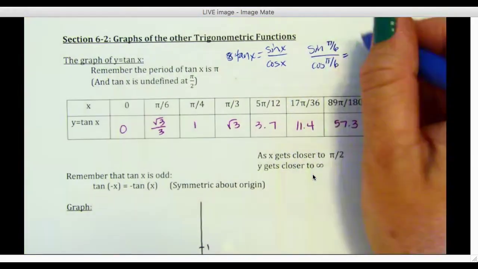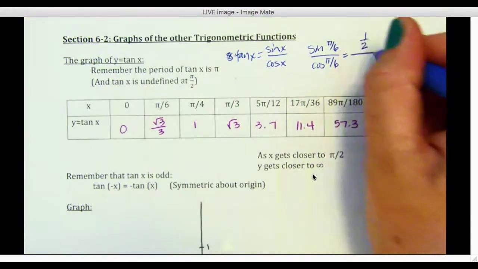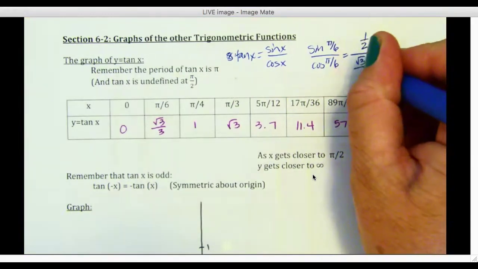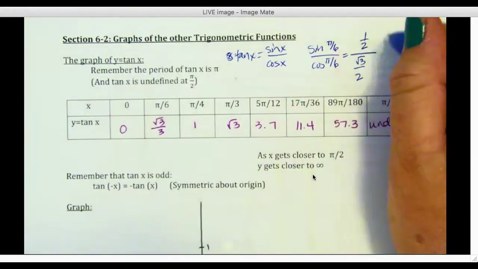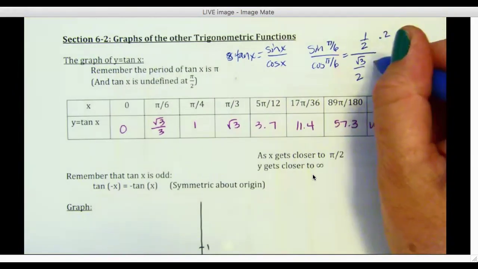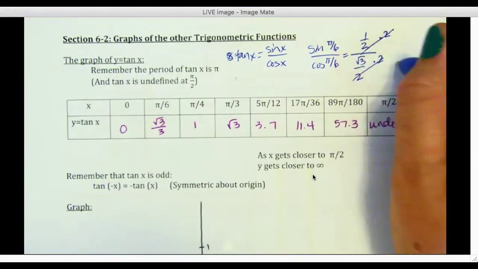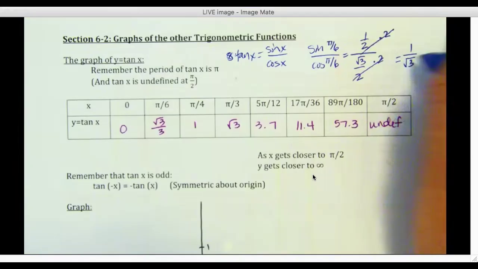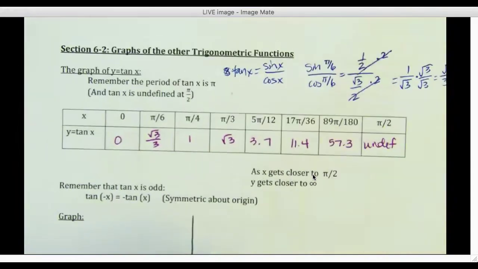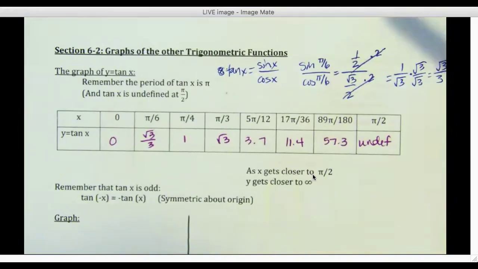And sine of pi over 6 is 1/2, and cosine of pi over 6 is root 3 over 2. I can multiply by 2 over 2 and reduce out my denominators, and then I have 1 over the square root of 3. But we need to rationalize that, so multiplying by root 3 over root 3, we get square root of 3 over 3. And so that is tangent at pi over 6.